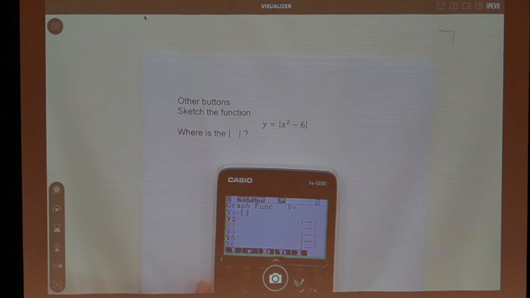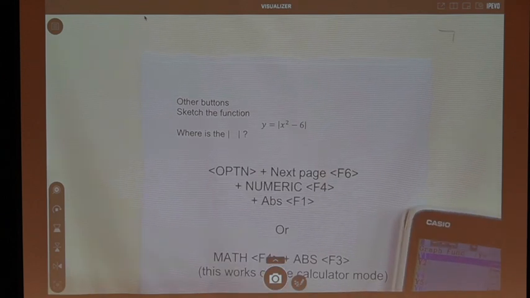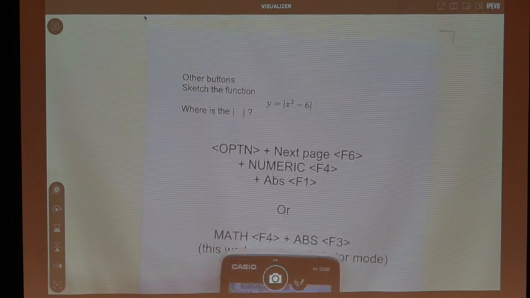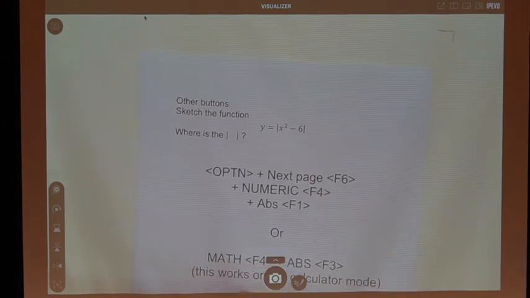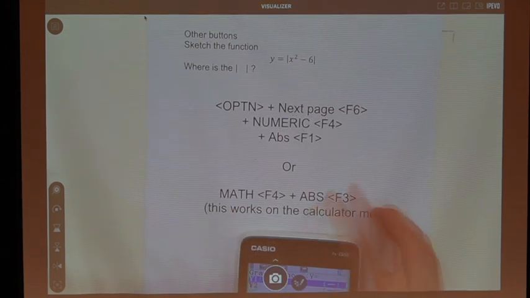Numeric, yes, this is the abs there. So you can find the abs under option, numeric, and absolute. Repeat: option, and then numeric, you find it there.